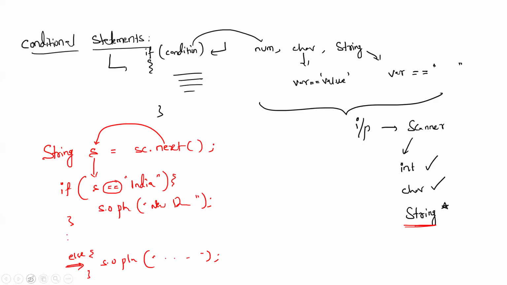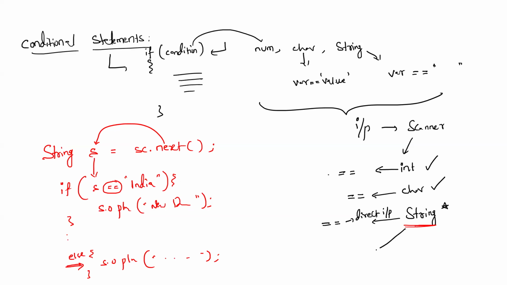The reason is that whenever we compare two integer values, or one variable with one value, double equals will work. Whenever we compare characters, double equals will work. But with strings, double equals works only if it is a direct input, meaning the input is given in the program itself, not from the console.